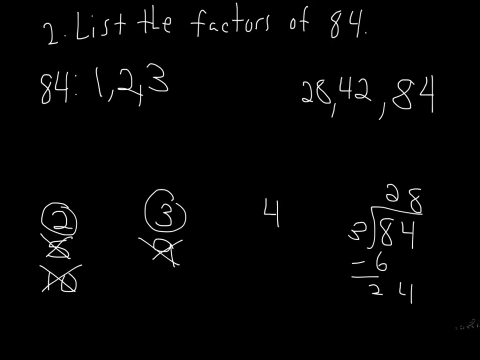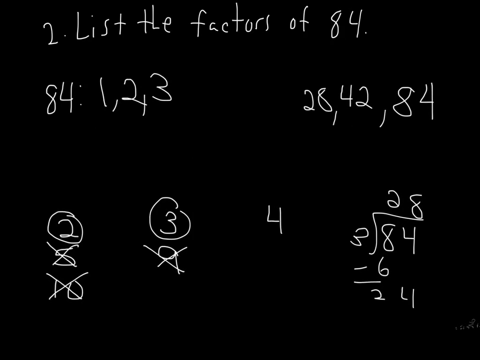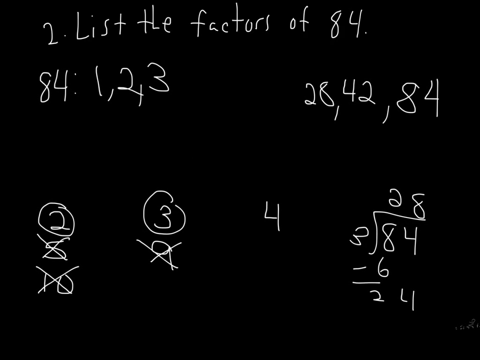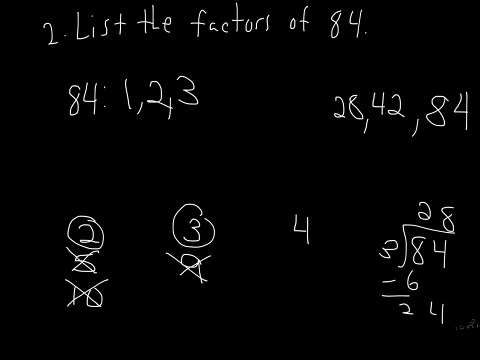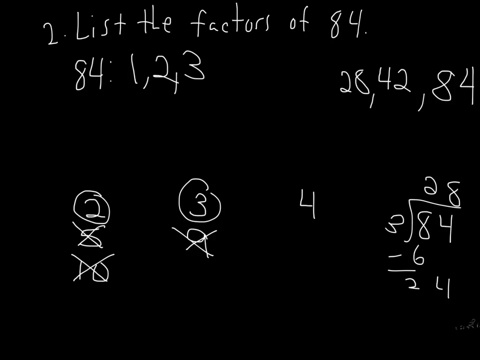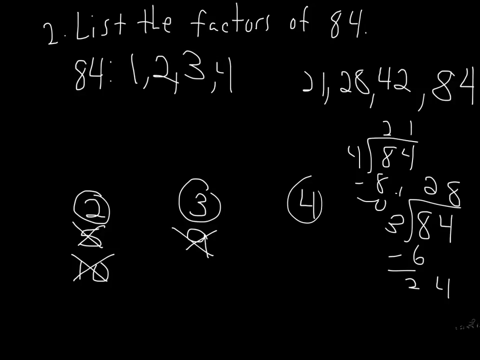Now, if you don't know a trick for it, we can always just divide 84 by 4. And so let's try that. Let's just try 84 divided by 4. And I end up getting 21. And so 4 times 21 is 84.